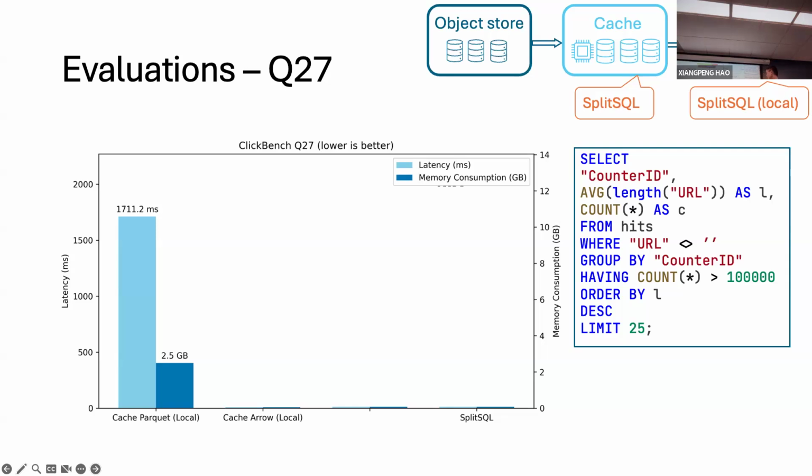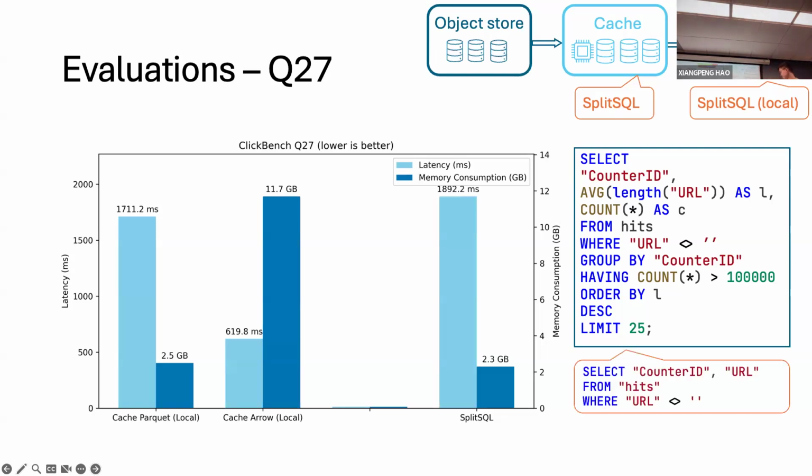And for that case, in almost the entire data set, the URL is not empty, so this is not selecting anything. If you look at the query that gets evaluated on the caching server, it basically says this. Almost every URL is not empty in this case.